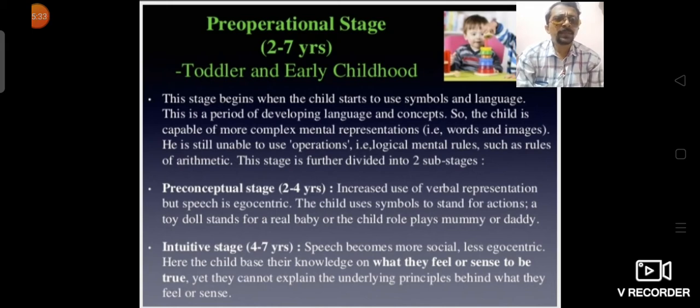This is a period of developing language and concepts. So the child is capable of more complex mental representations, that is words and images. He is still unable to use operations, that is logical mental rules, such as rules of arithmetic.